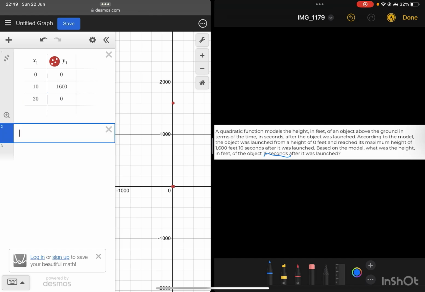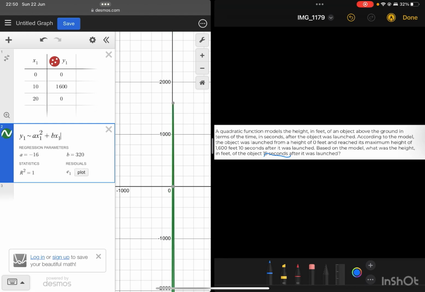Now we're gonna plug in the equation. So we have y1, the regression equation, similar to a times x1 squared plus b x1 plus c. We have all those values in here.